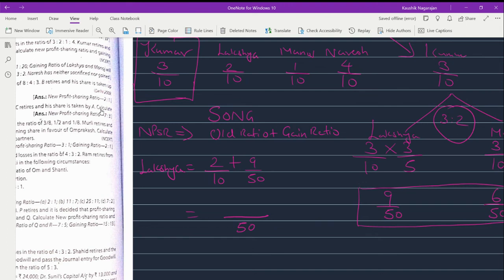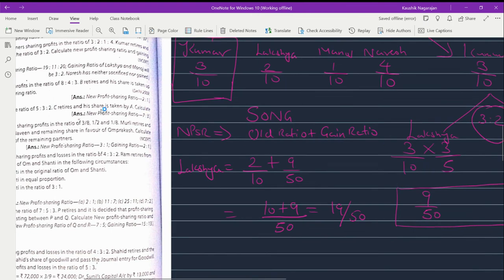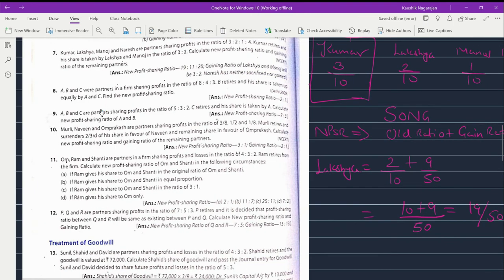So 10 into 5 is 50 and 2 into 5 will be 10, plus 50 into 1 will be 50 and over there it is 9. So 10 plus 9 will be 19 by 50. So Lakshya gets 19 by 50.